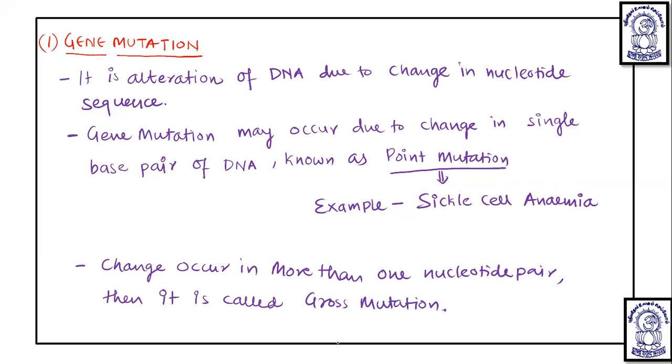So two types of mutation are possible. One is point mutation, if it is affecting a single base pair, and it can be a gross mutation if it is affecting multiple base pairs or nucleotide pairs.